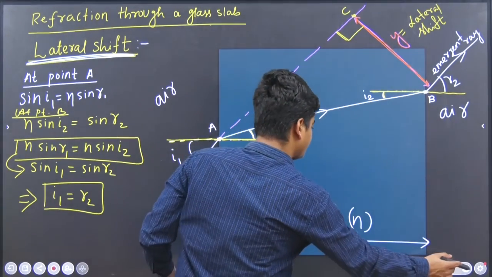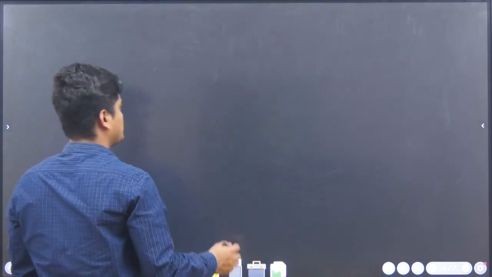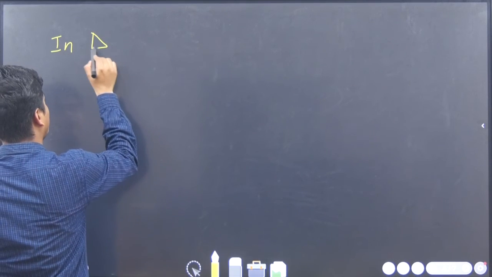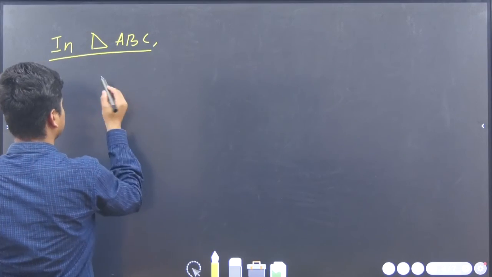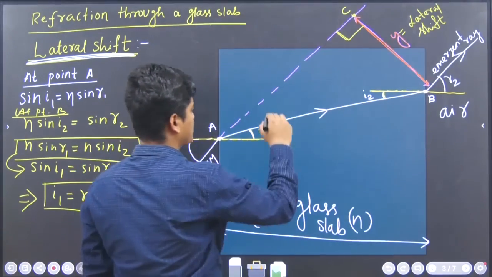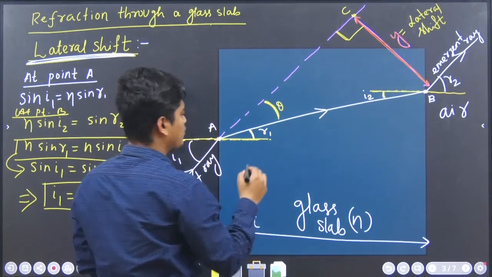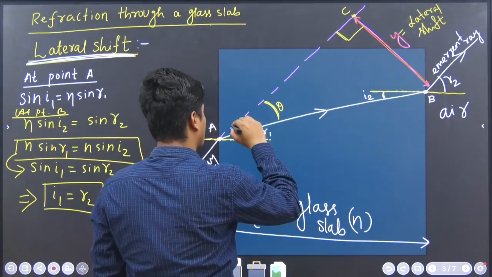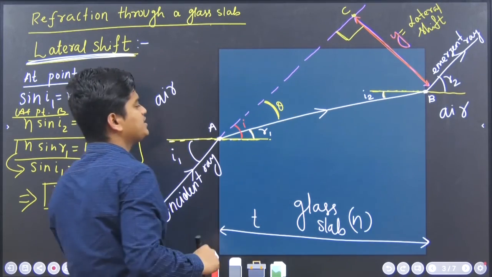Try to understand. Now here on the next page, I am considering my ABC triangle, suppose a right angle triangle ABC, what can I write? Suppose here I want to write this angle, suppose this angle you take theta, and you can understand one more thing also here. If I check correctly, this total angle is nothing but your I, and this angle is theta.